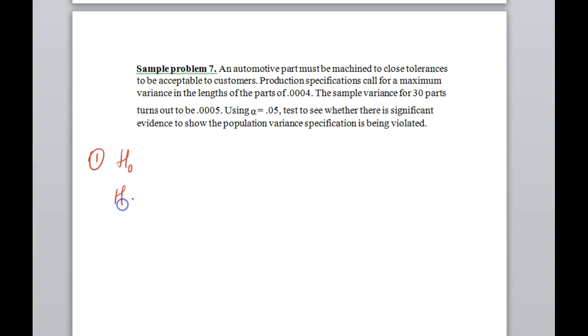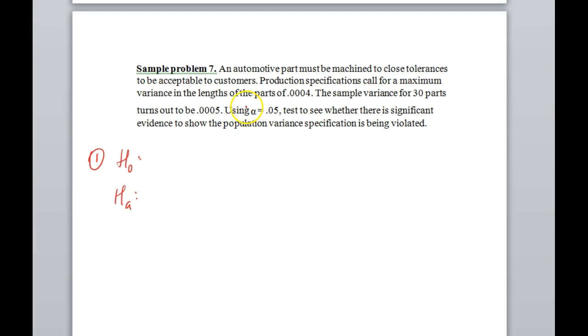So we have H naught, HA. We want to talk about the status quo, which is the 0.0004. That's what we want it to be, and now we're testing against that. But it looks like we are assuming it's going to be greater than that because of the data we're given.